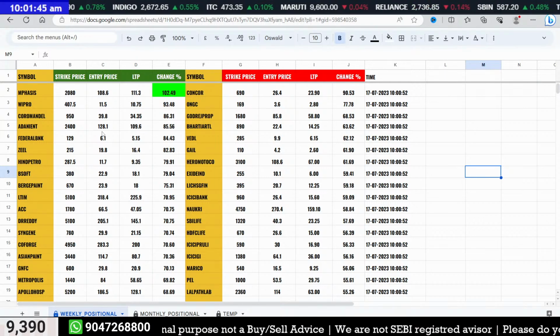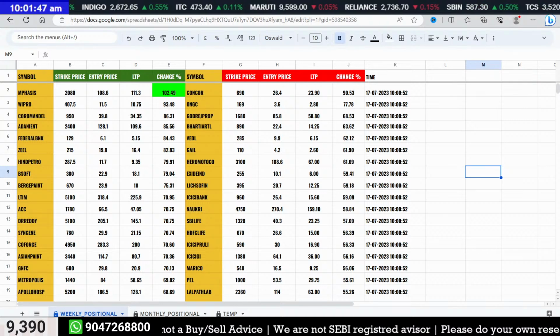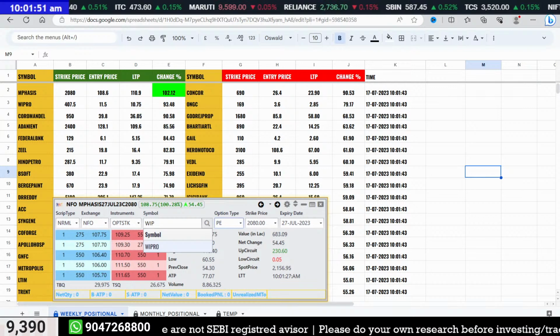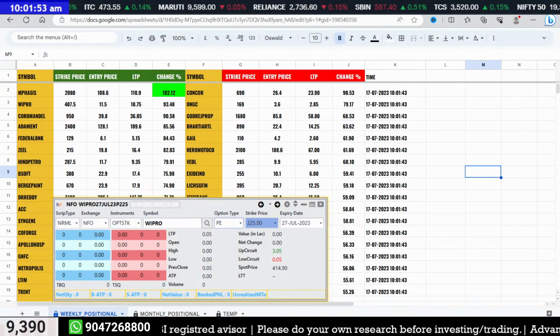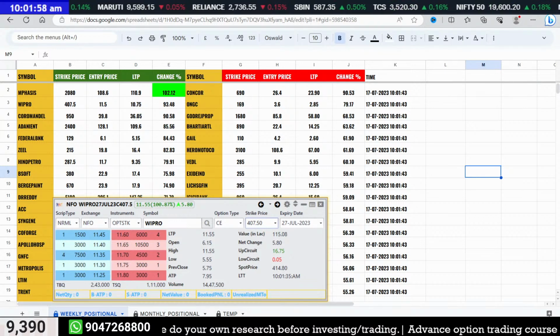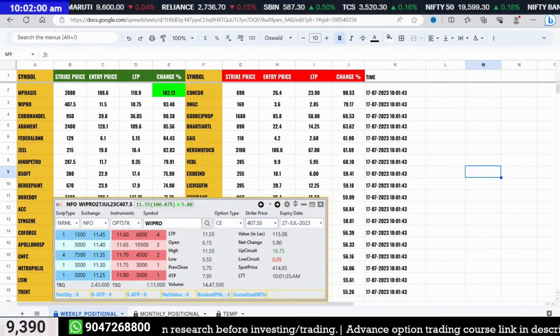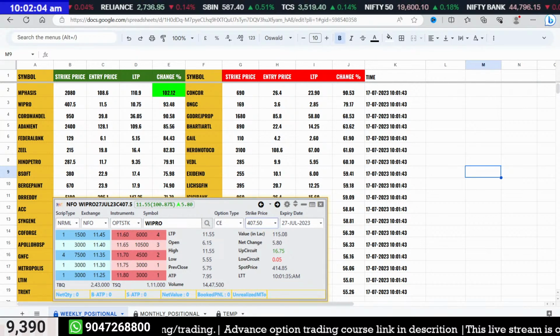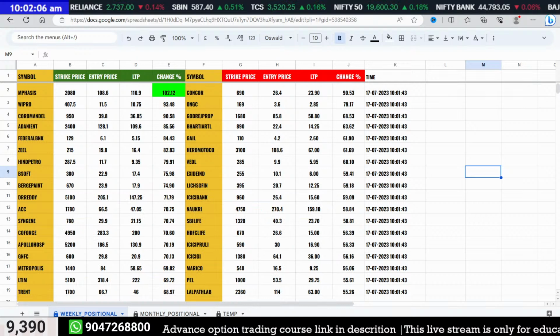Adani Enterprise, Wipro 11.5, 407. I think it's triggered and the lot size is around 1500. In Wipro, yes, it's triggered around 11.5 on weekly basis.